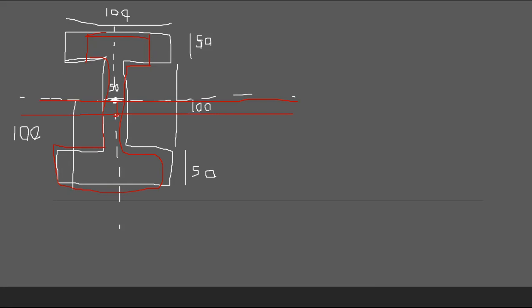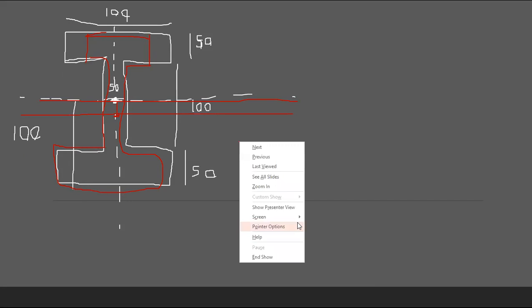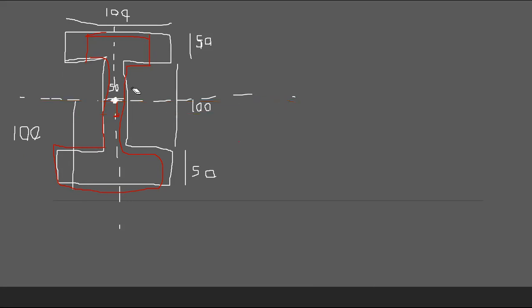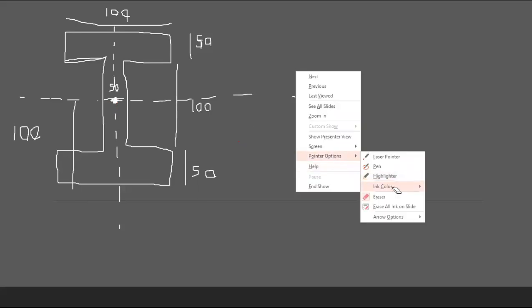In that case, you have to find the centroid axis so that I can take these three areas.